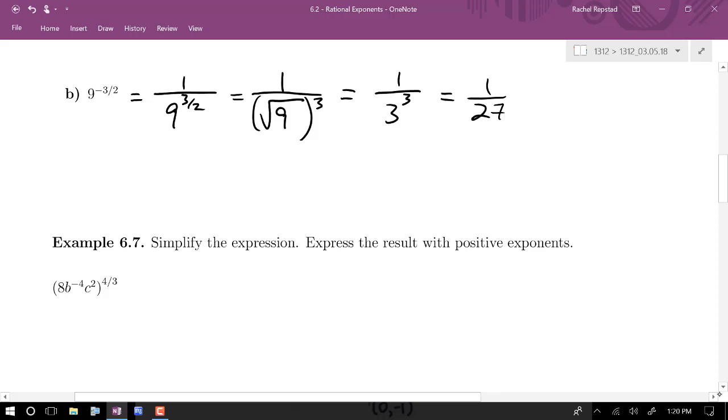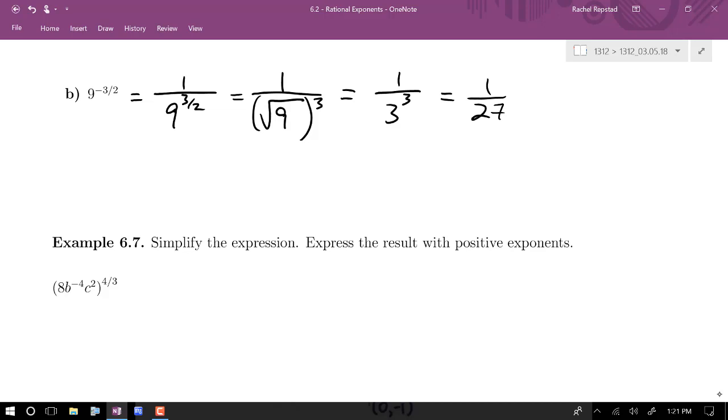Let's do some more. 8b to the negative 4th times c squared, all to the 4/3 power. There's more than one correct first move that we can make. You can get the same correct answer at the end by following different sequences of steps.